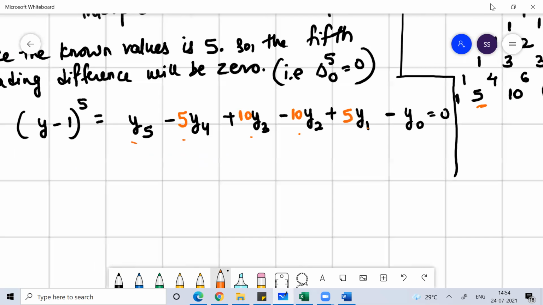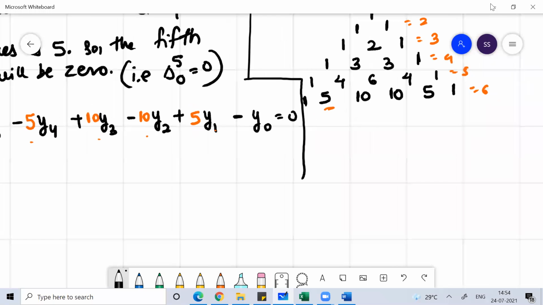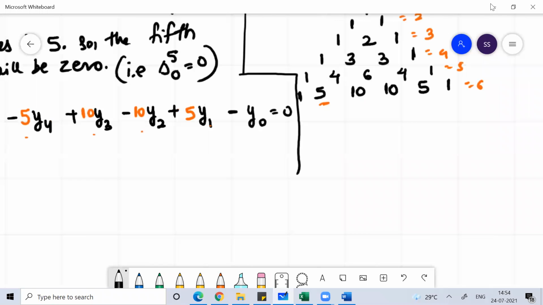Are you getting me, guys? Imagine if you get (E minus 1) to the power 6. If 6 known values are there, then what will be the equation? I can write this further: 1, 5 plus 1 is 6, then 5, 15, 20, 15, 6, 1.